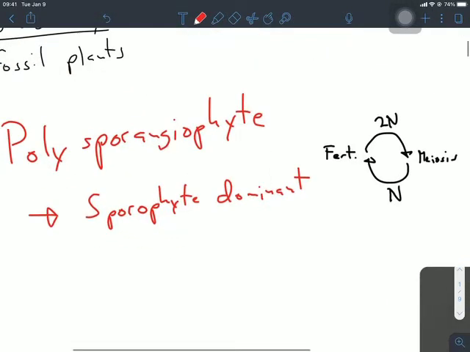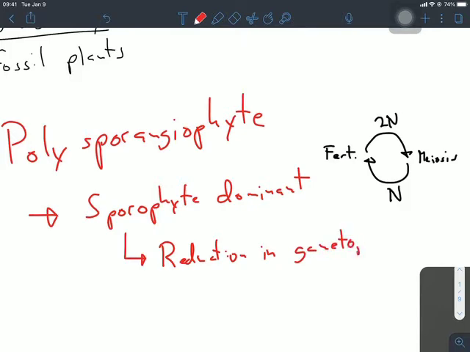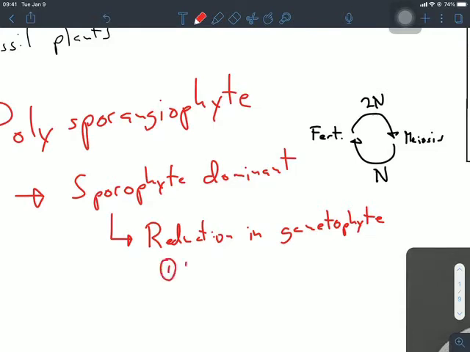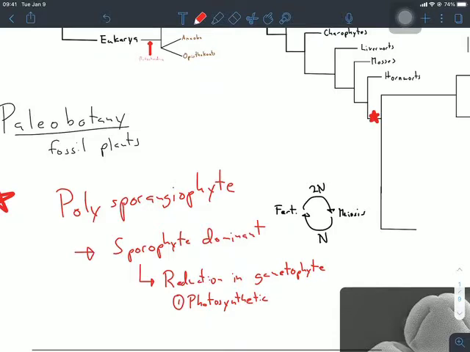Alongside this sporophyte dominant phase, we will very frequently get a reduction in the gametophyte. Some lineages that we talk about today will still have a photosynthetic gametophyte, and this represents what is the more archaic, the more basal form of things, where the gametophyte was free living on its own.